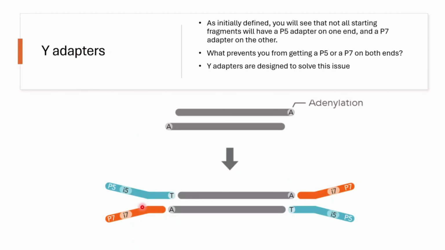This Y adapter looks like this, and it's Y like this because these two sequences don't go together, so they push each other away. And then you have this kind of dihybrid that has these two sequences, and because of this, you have basically the same thing on each side, but now you can use the specific characteristics of the P7 for something and the P5 for something else. I'll show you what those are in a second. Okay.